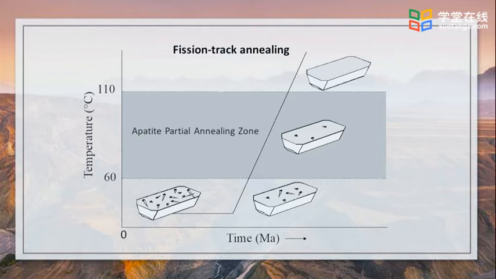Consequently, fewer tracks will be contained and the age estimate becomes younger in deeper samples. In this case of apatite, a zero age is eventually reached at a depth of about 3 to 5 kilometers.